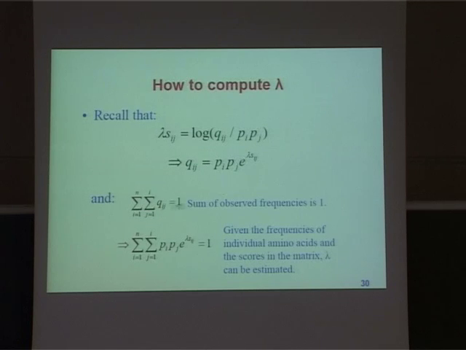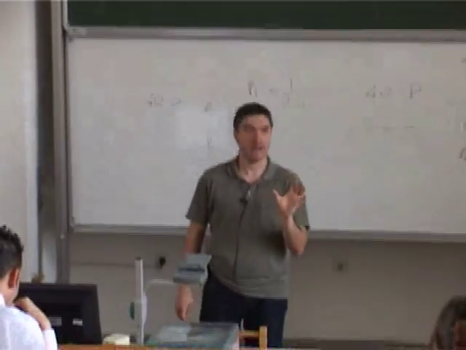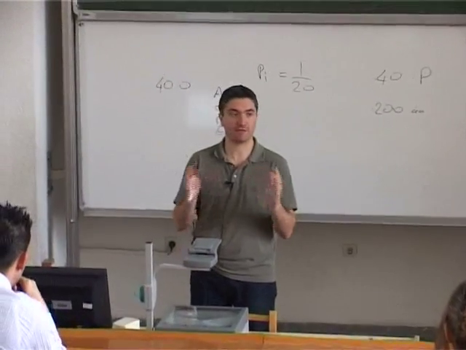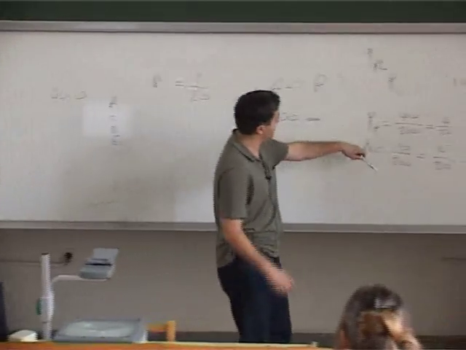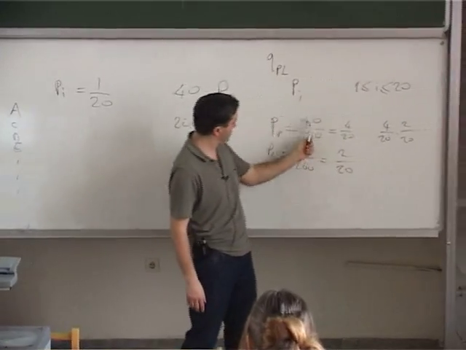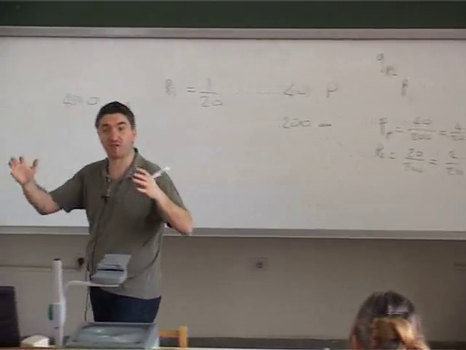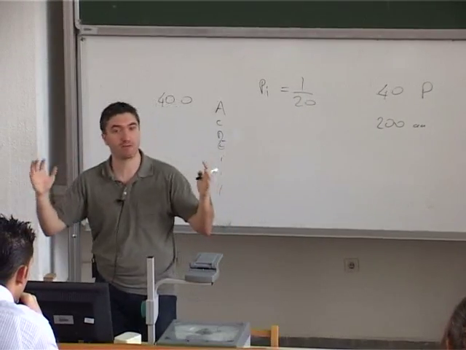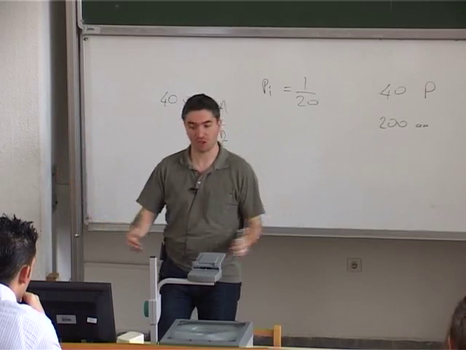And what we know here is that these observed occurrences in these blocks of letters should add up to 1, because these are frequencies. The pairwise occurrences need to sum up to the whole observation, which is 1.